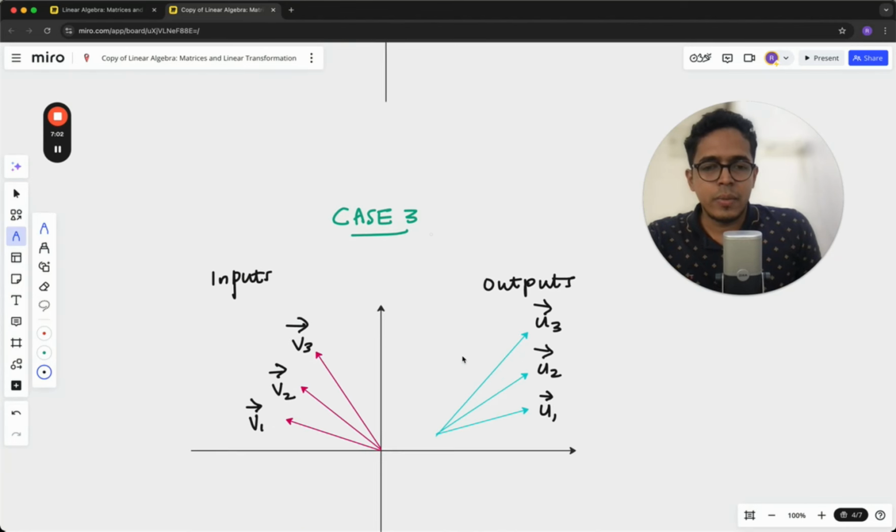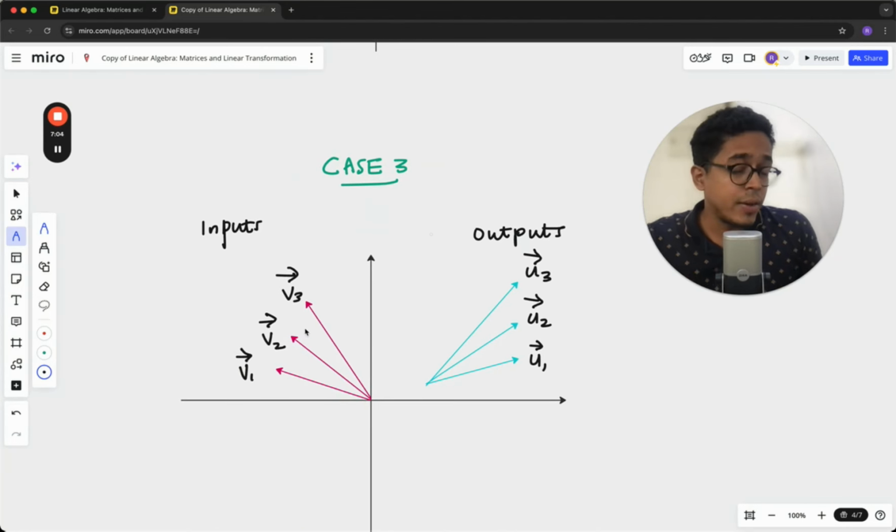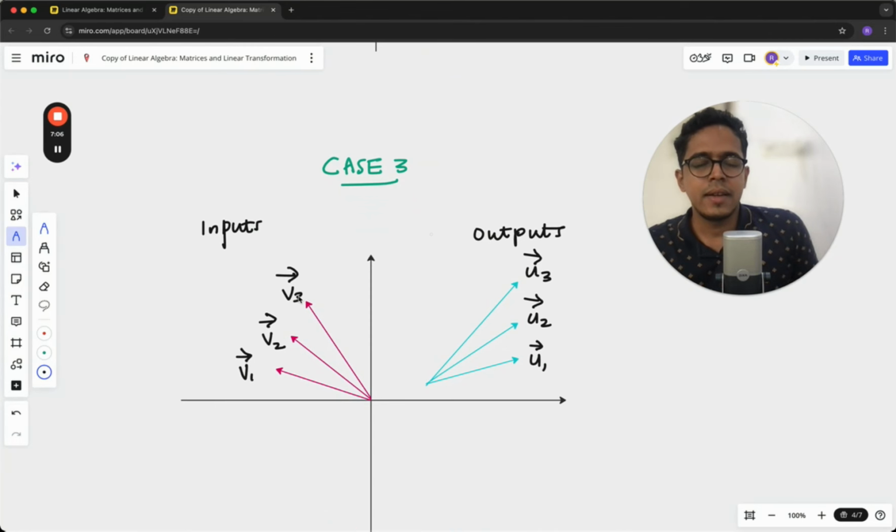Let us look at one more case. Here you have 3 vectors, v1, v2, v3, and imagine they are transformed into u1, u2, u3. Is this a linear transformation? The tips are in a straight line over here. So these tips of input vectors were in a straight line.